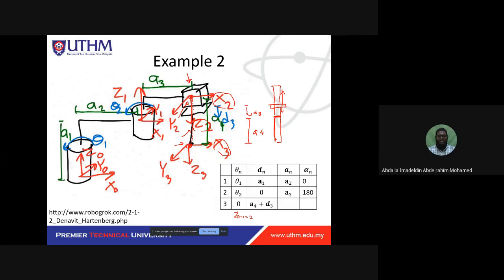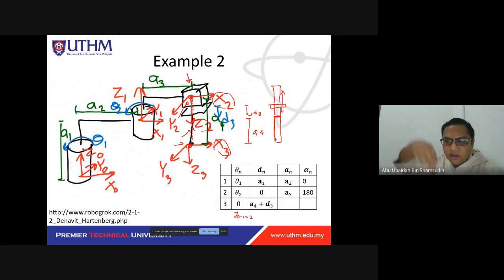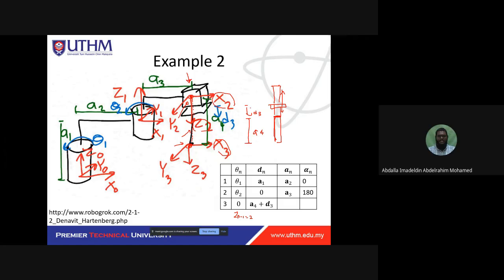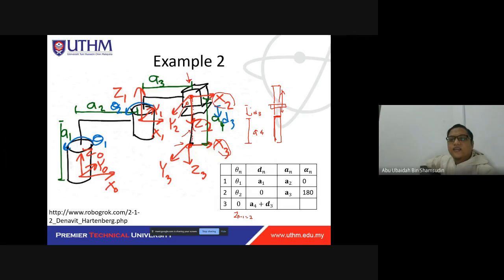Okay, that movement up and down, up and down. So the total is A4 plus D3. This is the total length of the entire thing. Can you see it?